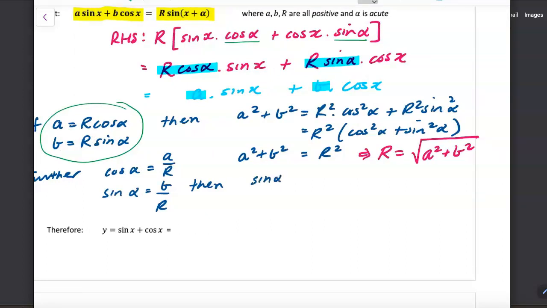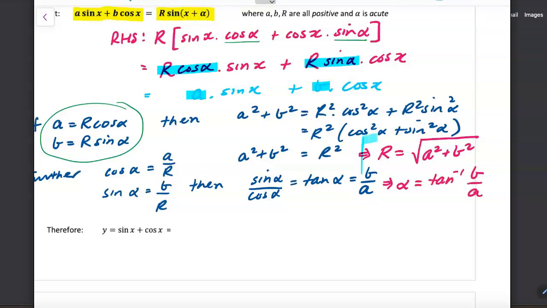Because I've got sin alpha and cos alpha, I'm going to place it sin over cos because I know that this equals tan alpha. And that will simply be b over a, which means that to work out that angle alpha, that auxiliary angle, it would just be the inverse tan of b over a.